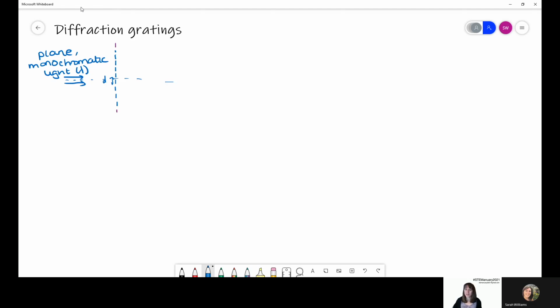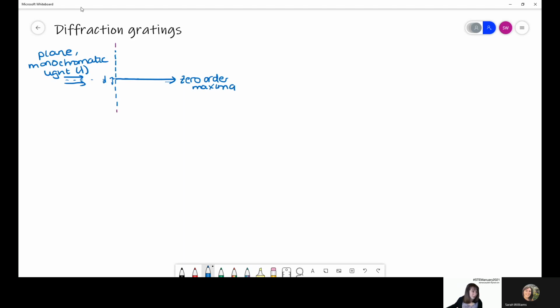And we call these maxima of different orders. So if I consider the forward direction here, at theta is equal to 0, so I'm going to measure the angle relative to the normal. This is my 0 order maximum.